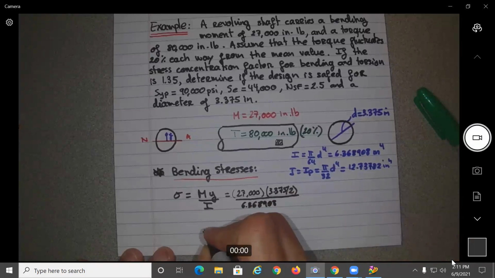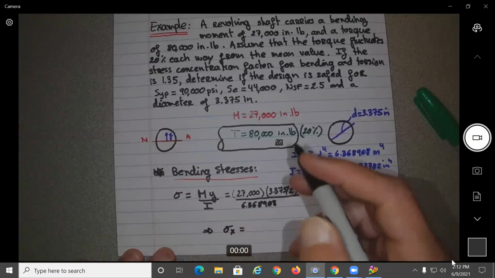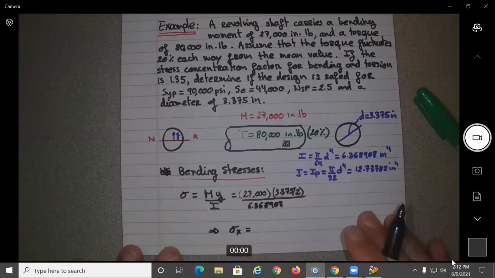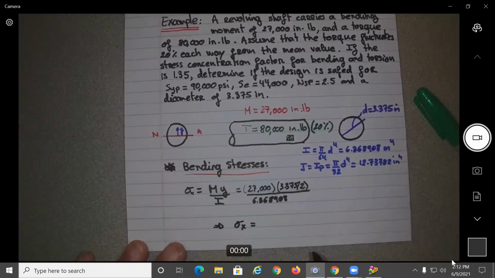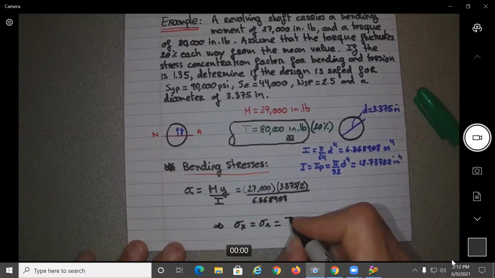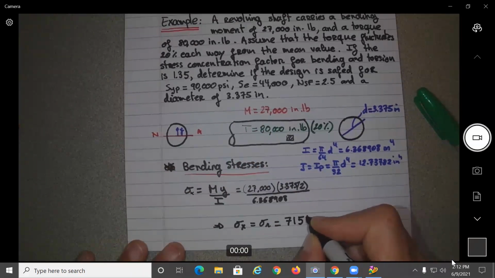And if I didn't do any mistake, this will give you that sigma x over here on the equations. Sigma x. This one will be equal to sigma sub r, which will be equal to 7,154 PSI.